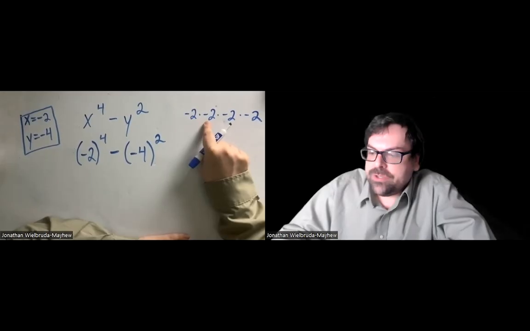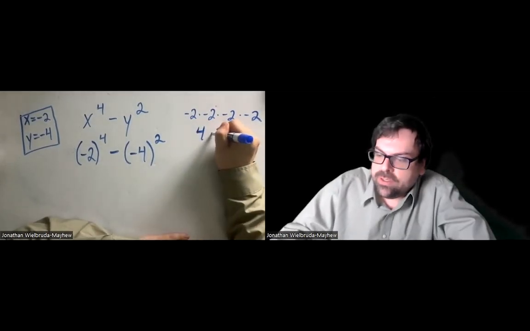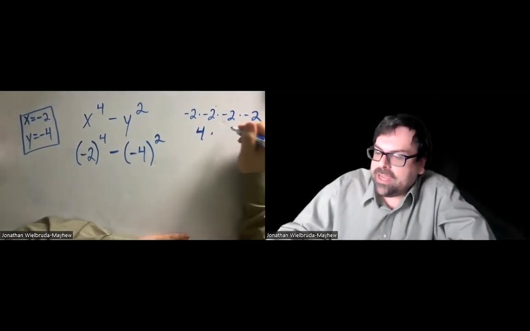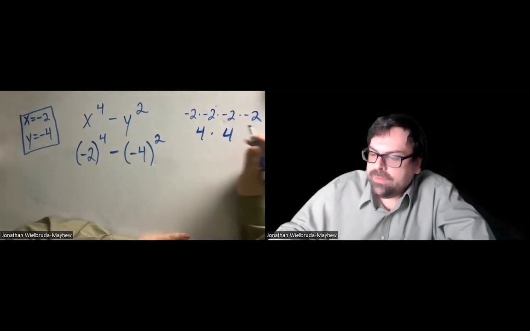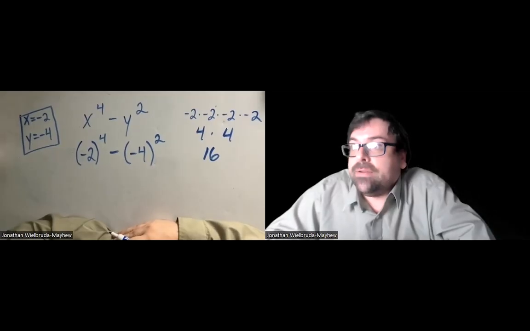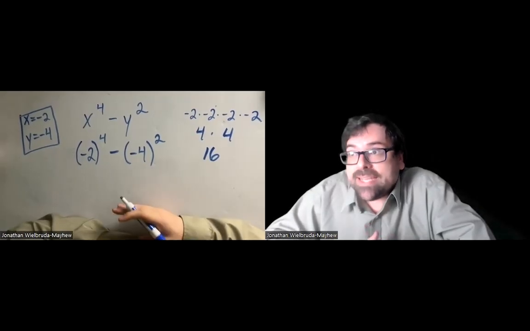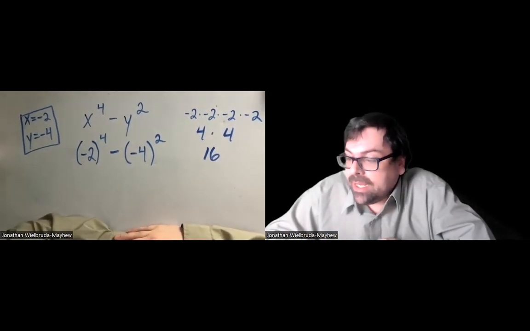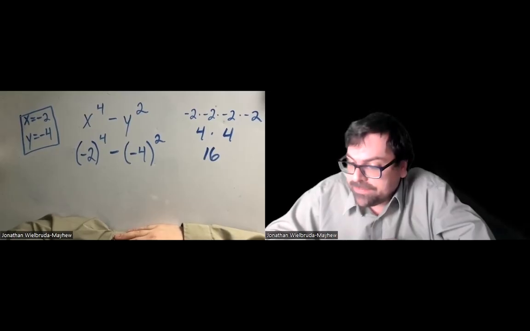You can go -2 times -2 is 4, -2 times -2 is 4, and +4 times +4 is +16. Again, next video, we'll see why we can multiply these in any sort of grouping. It's one of the multiplication properties.